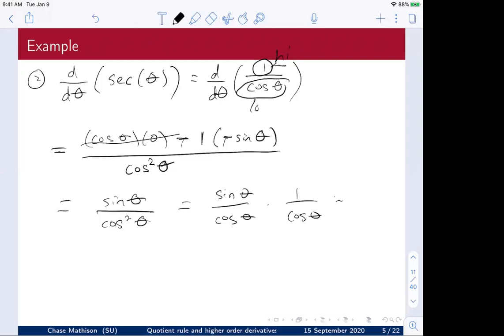And then they write this as tangent of theta times secant of theta. This is the way most people usually write this derivative. But if you went through and you wrote it like that, that would also be fine.